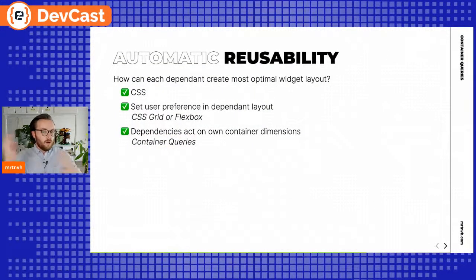So going back to our needs, what do we need? We need something in CSS. Check. We need something where the user preference can be set in the dependent layout.